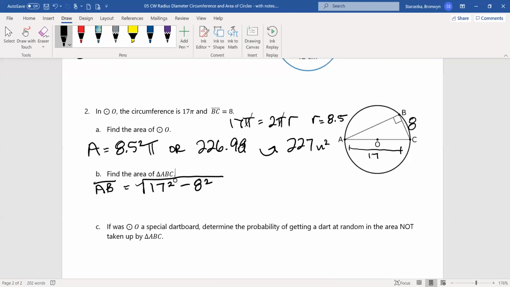If I plug that into my calculator, AB equals 15. So the area of the triangle, 1/2 base times height, 8 times 15. So the area of the triangle is 60 units squared.